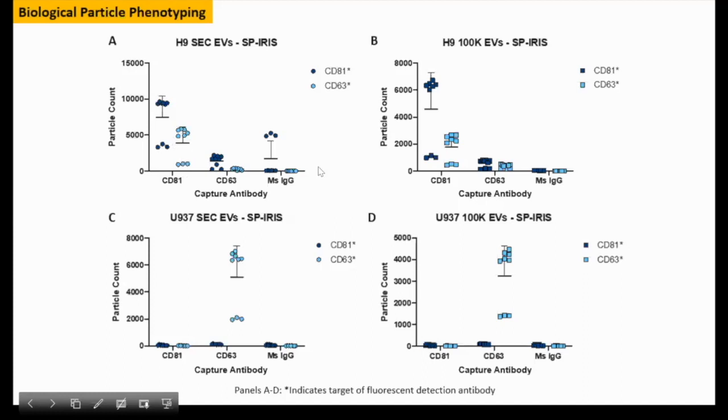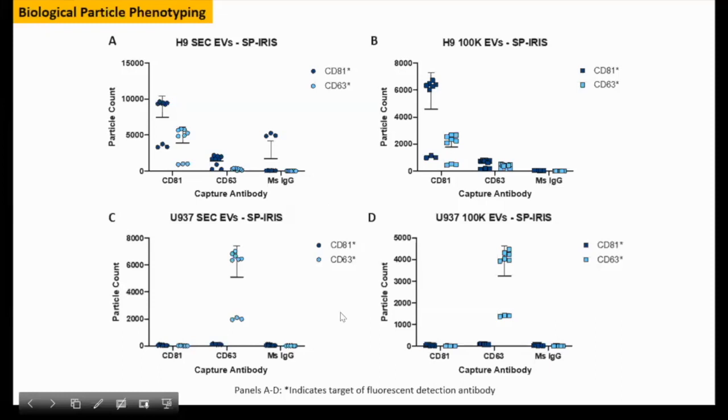In contrast, CD63 capture spots were largely lacking fluorescence for H9 EVs. We already saw with several results that these EVs from H9 do not express CD63 highly. The bottom panels, C and D, display results from chips incubated with U937 EVs.